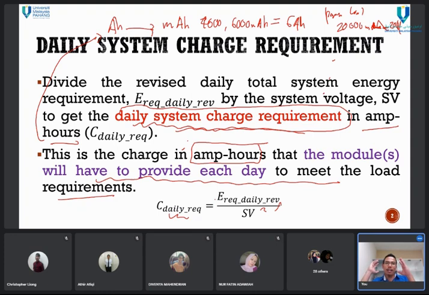Every day I need the, if 745 divided by 12, berapa ni? Boleh kira tak? Boleh tak sama-sama kira? 745 divided by 12. How much do you get? Izzuddin, dah siapa? Bagi kira.